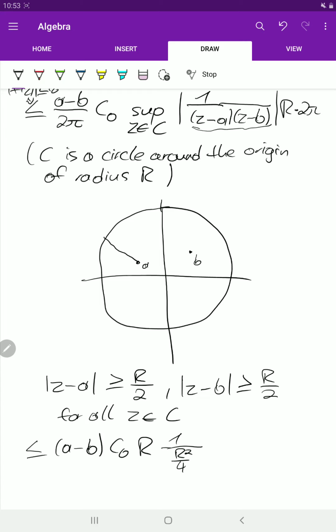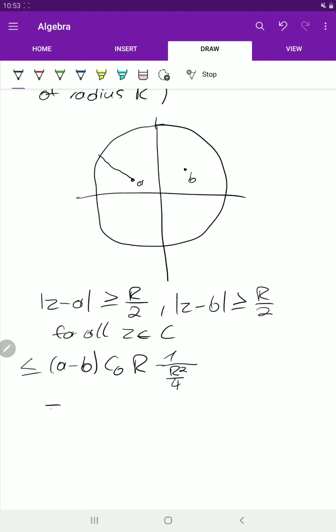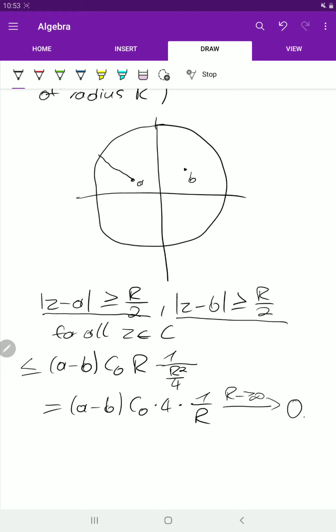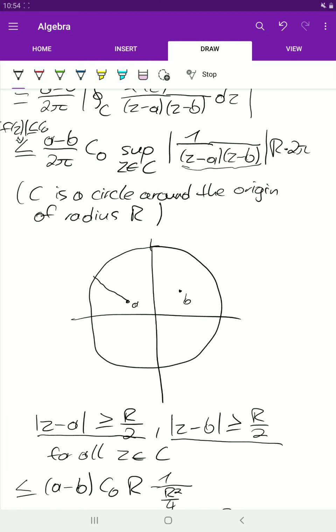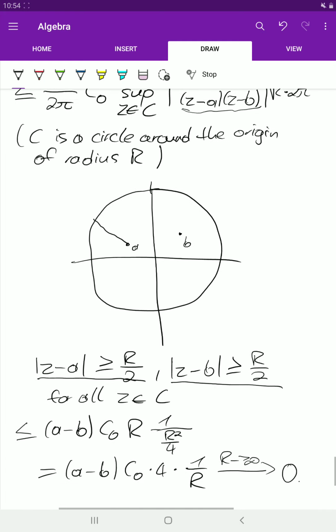So that's a minus b times c naught times 4 times 1 over r. Okay, and now all we have to note is that for r tending to infinity, this tends to 0, and also we have to note that this inequality is still fulfilled if we let r tend to infinity. So that's good, because basically we are free to choose r as long as it's large enough.